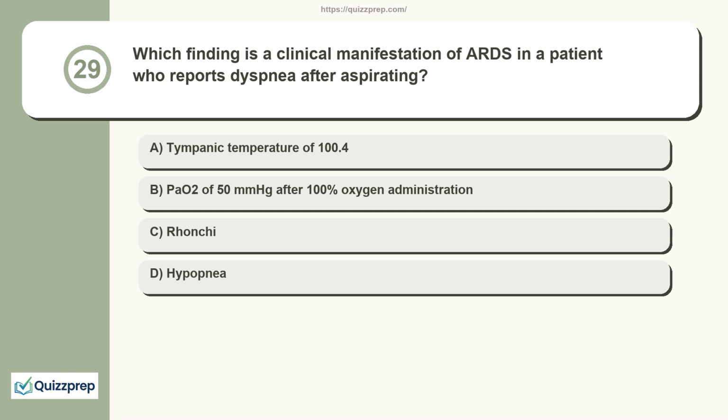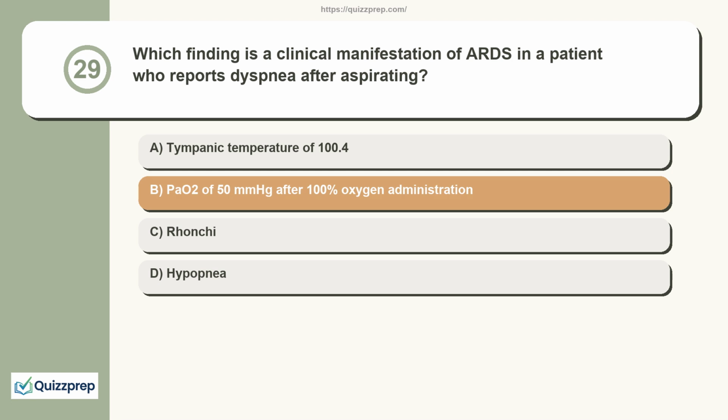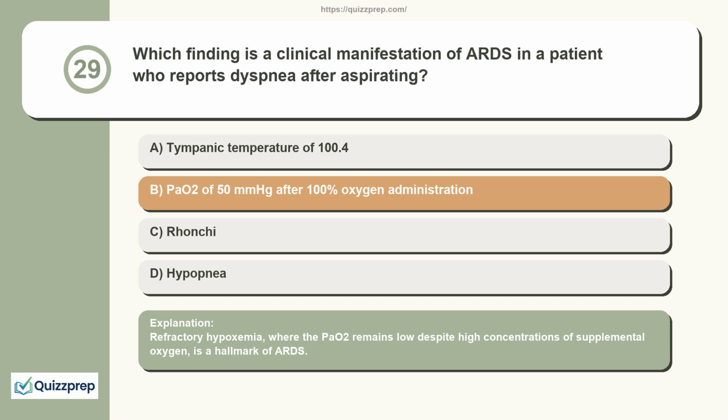Question 29. Which finding is a clinical manifestation of ARDS in a patient who reports dyspnea after aspirating? Tympanic temperature of 100.4, PaO2 of 50 mmHg after 100% oxygen administration. Rhonchi, hypopnea. Refractory hypoxemia, where the PaO2 remains low despite high concentrations of supplemental oxygen, is a hallmark of ARDS.